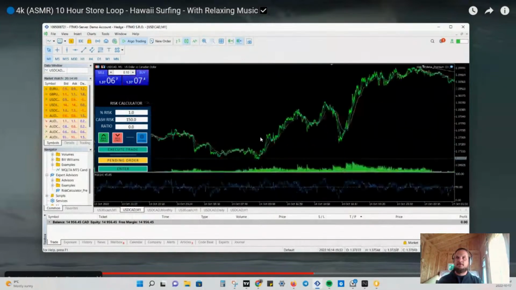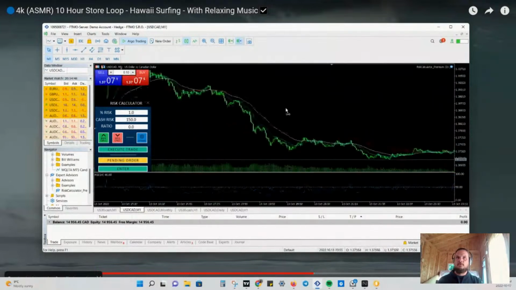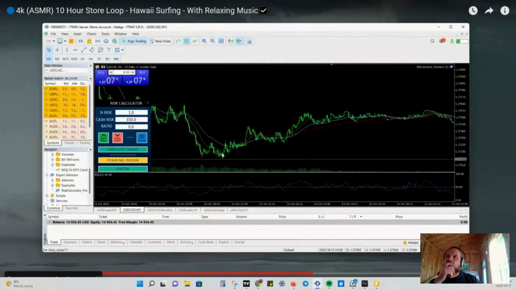Okay, let's take a look at this. For example, this would be the last lower high, broken, retested.